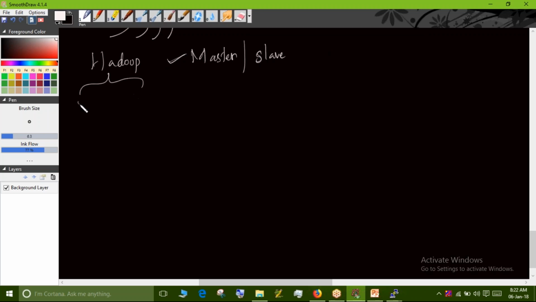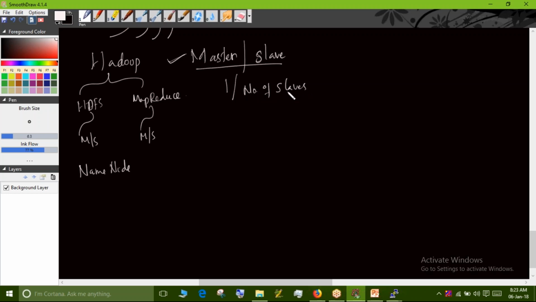under Hadoop what we have? We have HDFS and MapReduce, right? HDFS is master slave, MapReduce is also master slave. Under HDFS master slave, master is name node, and you know very well, usually in the master slave architecture, there will be one master and a number of slaves.